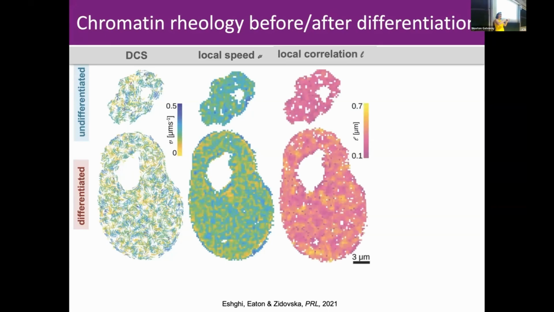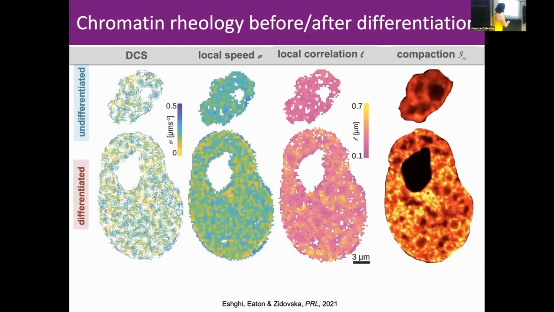Similarly, when we look at the local correlation of these displacements that we measure across the nucleus, the color scheme is on purpose: yellow is high correlation, pink is uncorrelated. Again, you see the stem cell genome is largely uncorrelated, whereas in the differentiated cell, within the pink uncorrelated matrix, you start to have yellow islands of highly correlated genomic motions.